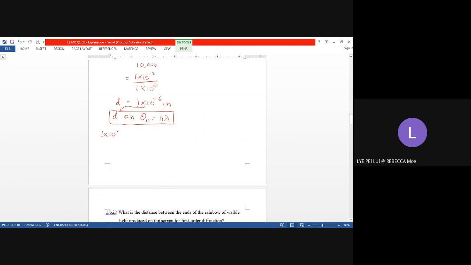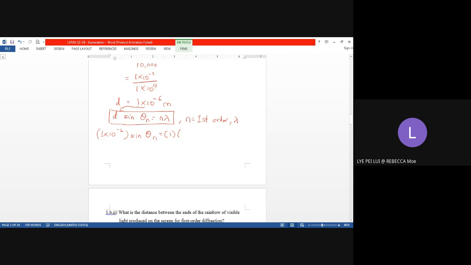1 exponent negative 6 and sine theta equals with 1, first order, when your n equals first order. Okay, first order. Okay, 400. And because this one is for shortest, we go for shortest first.